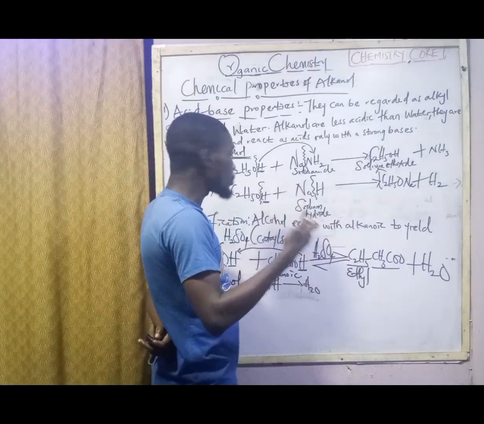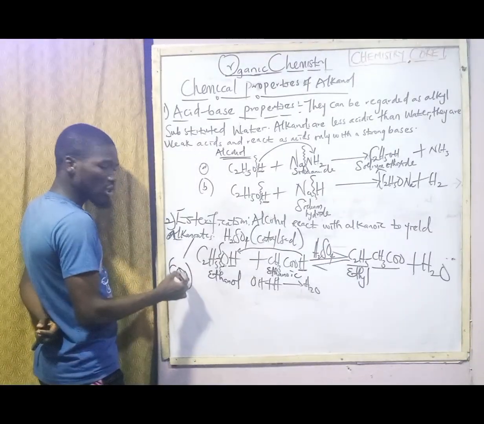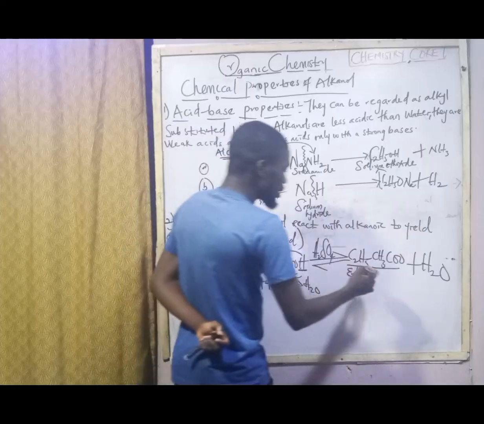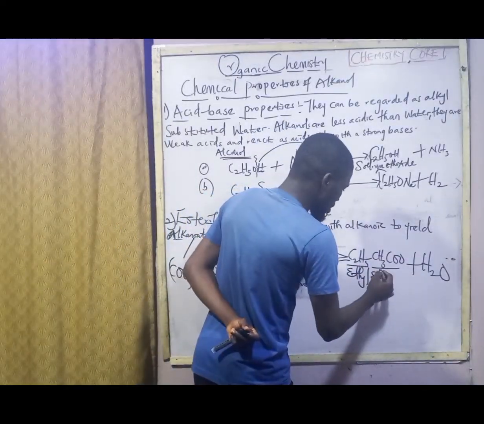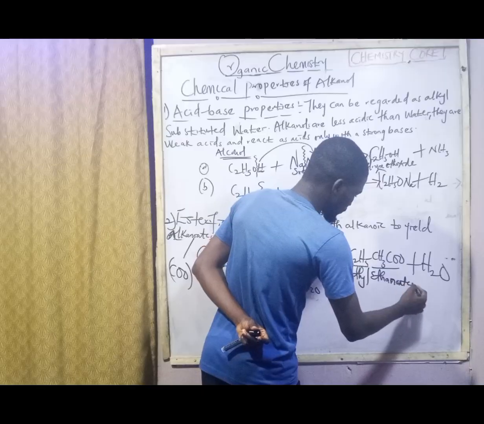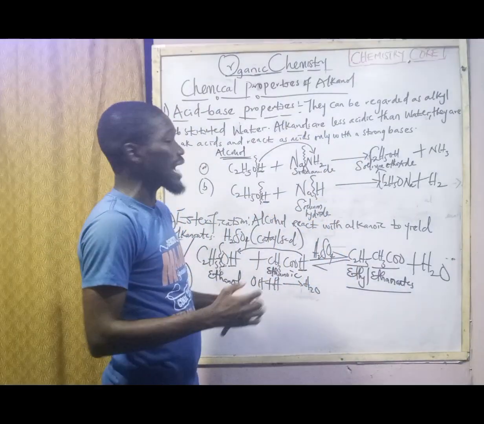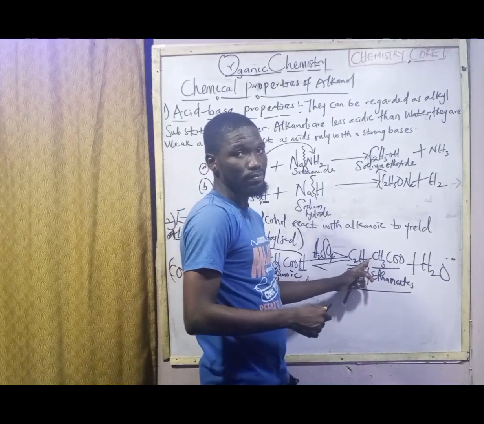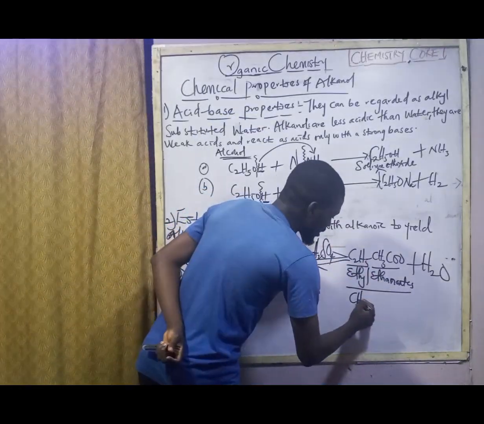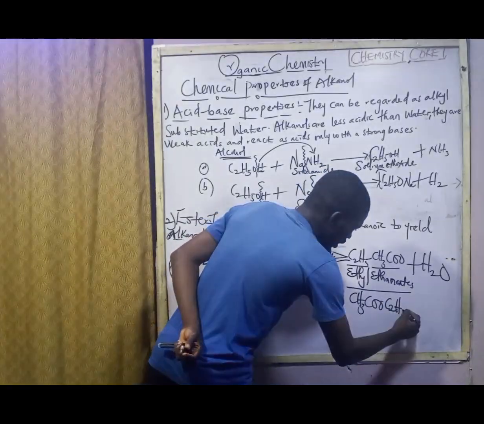Now, this alkanoic acid, coming to the product side, the functional group of this alkanoate is COO. That is the functional group. So that will change from alkanoic acid to alkanoate, which will give us ethanoate. So this is named ethanoate because of what you have here. In some cases, you can have it in this form, C2H5.